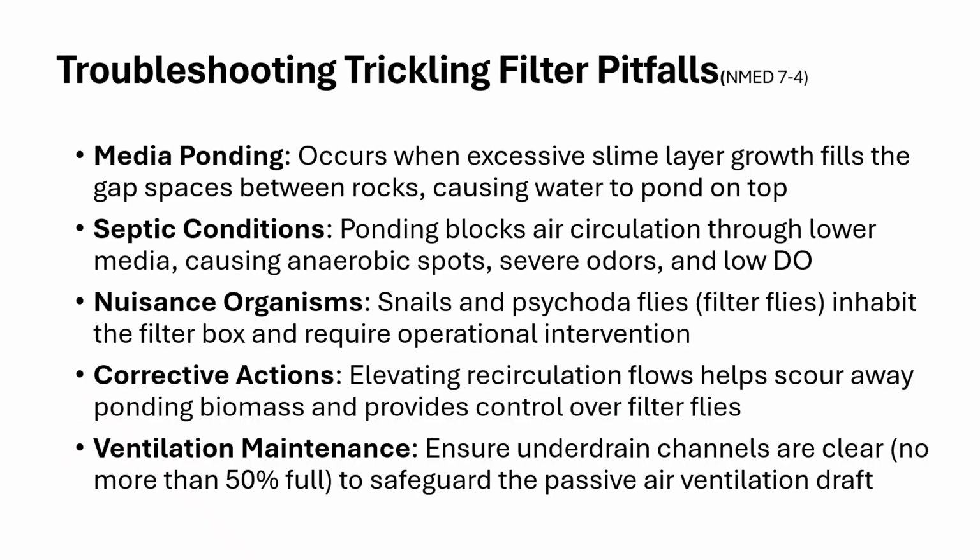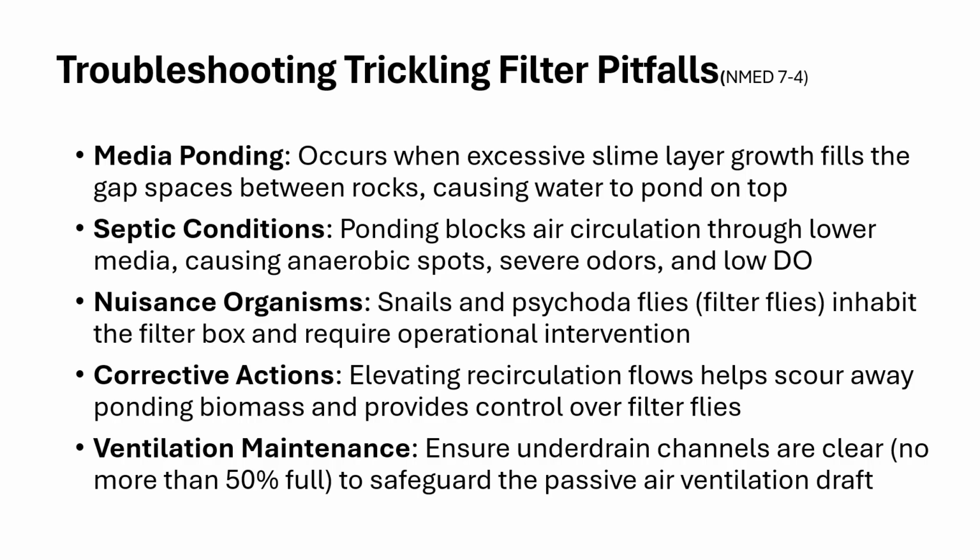Okay. Also, the ventilation rate in the underdrain, those channels that we talked about, we want to make sure those channels don't run at more than half full. And we do that because we want to make sure we have, from those air ventilation slots that I showed you in the first schematic, plenty of air coming in to keep everything aerobic.